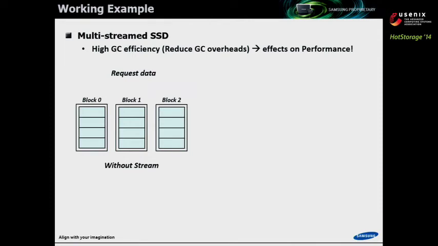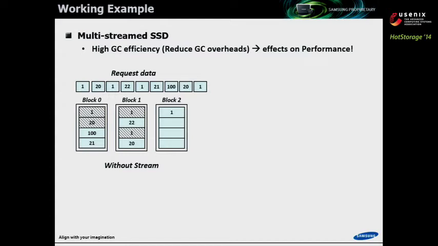Now we compare the traditional SSD with the multi-streamed SSD. In the traditional SSD, the data are written in blocks in order as they are requested, and blocks are fragmented. This is what we try to avoid.